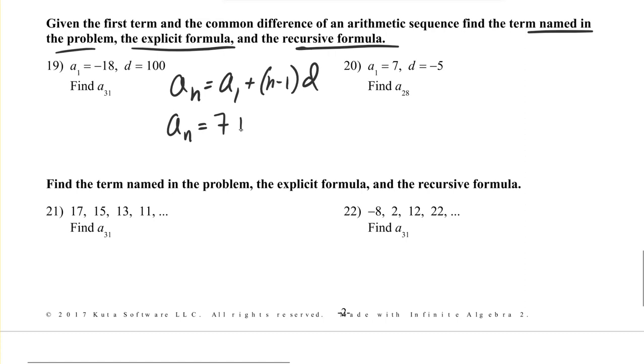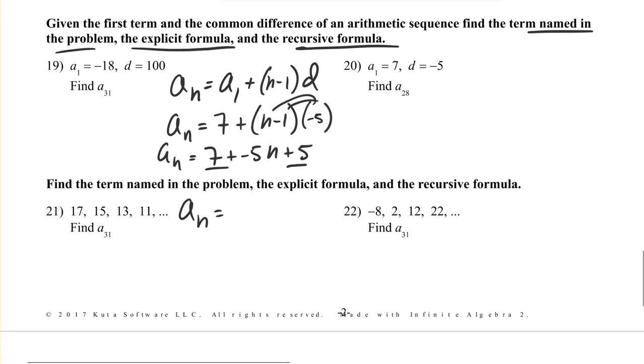So 7 plus n minus 1 times negative 5. So we distribute this. 7 plus negative 5n plus 5. And 7 and 5 make 12. So our rule is negative 5n plus 12.